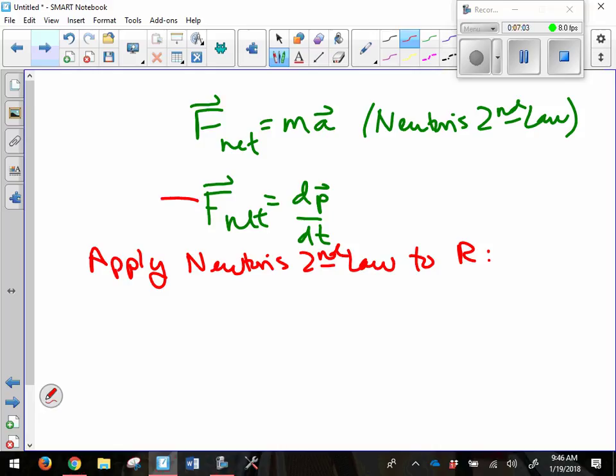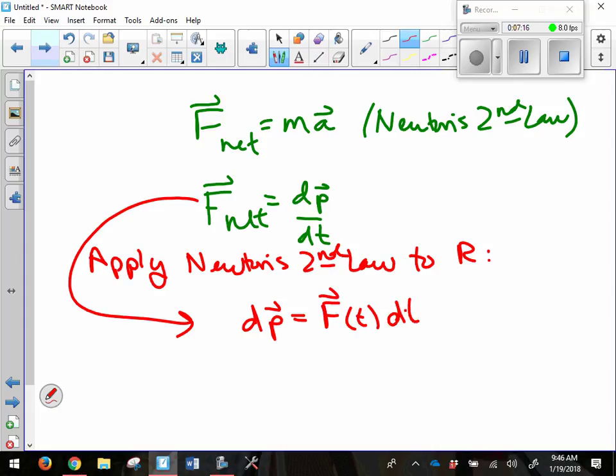And I'm going to rewrite Newton's second law so that it says dP is going to be F of t dt. Because in the x direction, in that horizontal direction, the only force that I really have is my F of t, my force from the other ball.